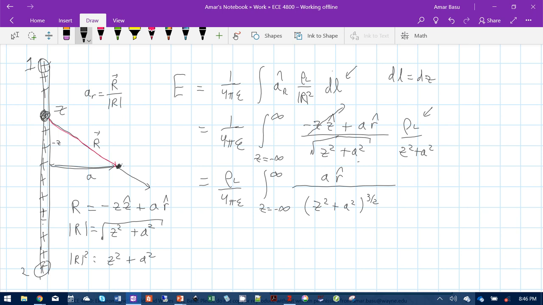Okay, let me explain that a little bit more. This is going to be integrating a force component in the z hat direction. This is going to be integrating a force component in the r hat direction. And again, like I said, if we actually did the integral of the z hat force component, we'd find that it adds up to 0.